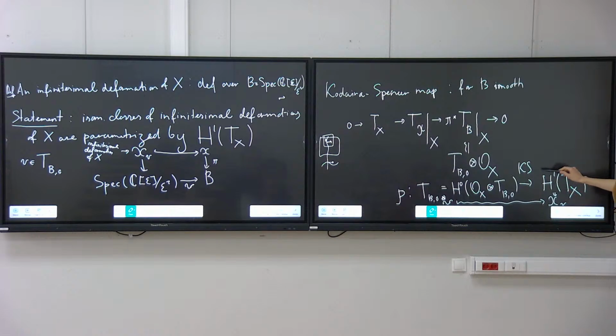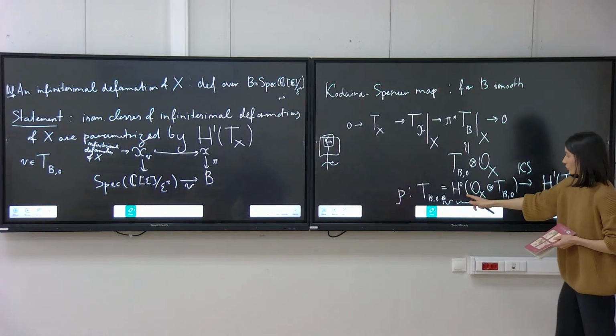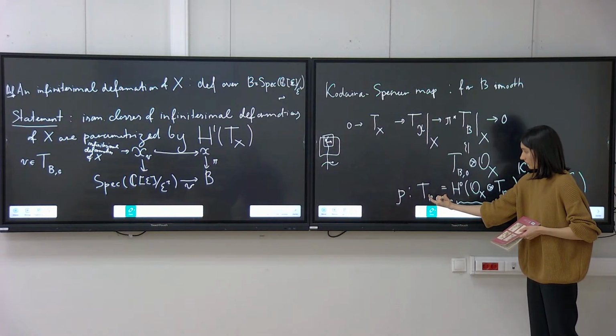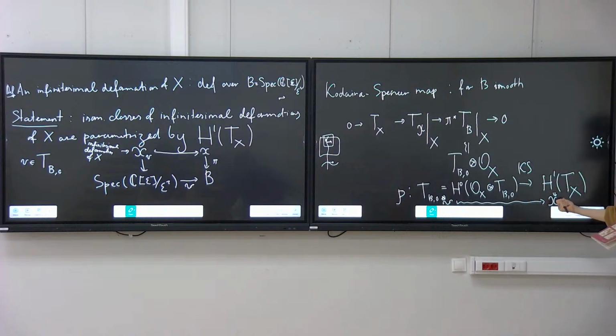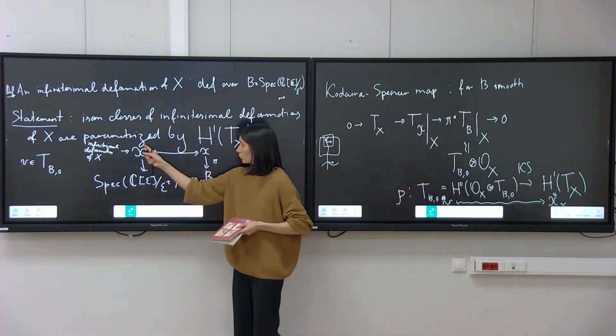I didn't prove this because we haven't time, but there is a statement that this vector space parameterizes infinitesimal deformations. So the Kodaira-Spencer map maps tangent vectors to B to the corresponding class of infinitesimal deformation, just using pullback.